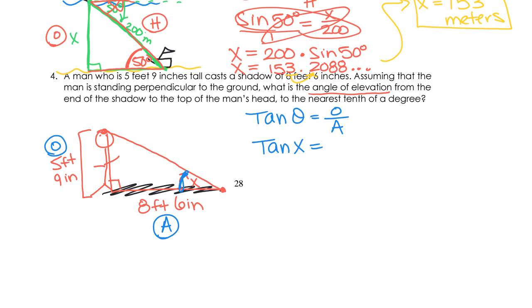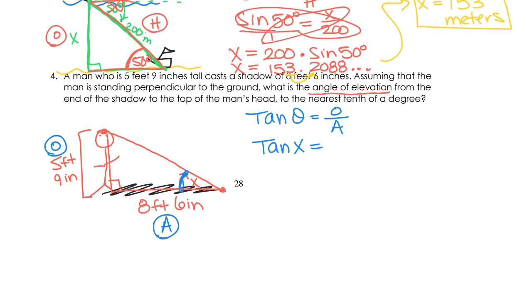Okay. All right. So 5 feet 9 inches. What we're going to have to do is convert that. We can't have feet and inches. Common mistake is that you call it 5.9, which is not correct. Because inches are not out of 10, inches are out of 12. 12 inches make a foot. And so that's why you can't do 5.9. All right.